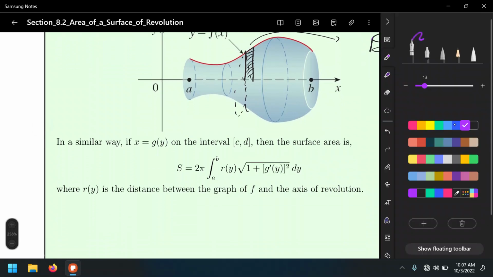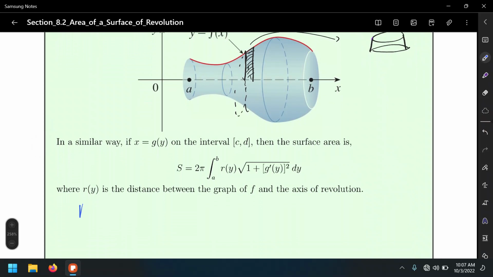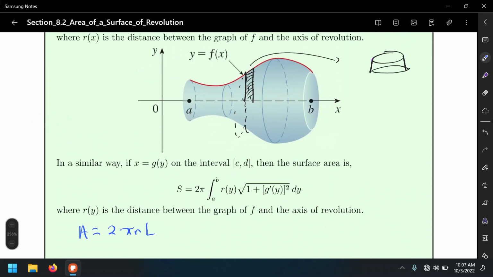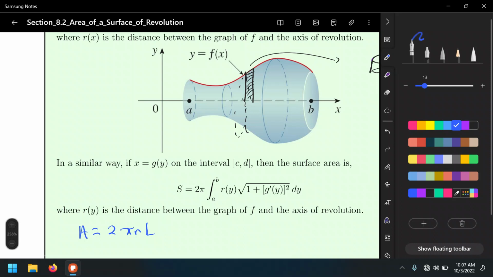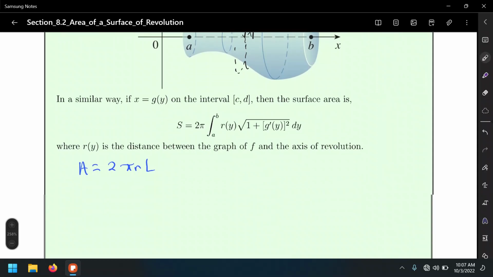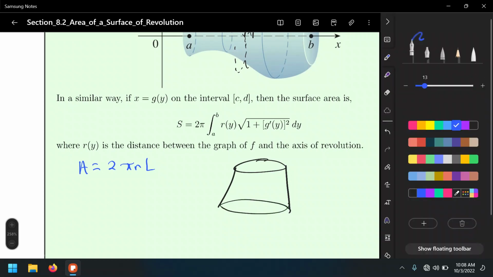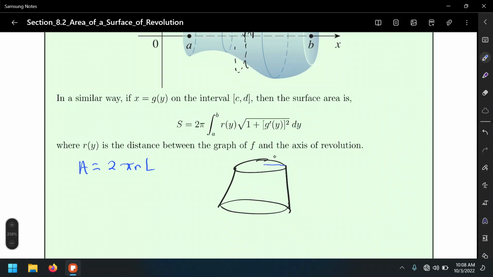So to find that area, A equals 2 pi R L, where the radius is actually the average radius. Because if you look at this picture, let me do the picture again, we have a smaller radius and a larger radius.